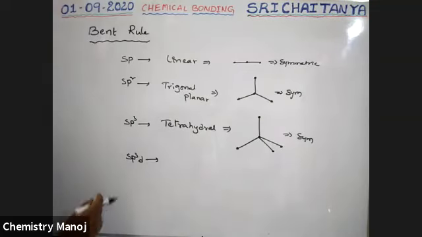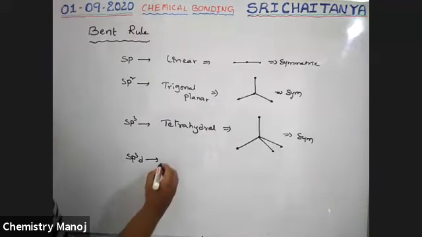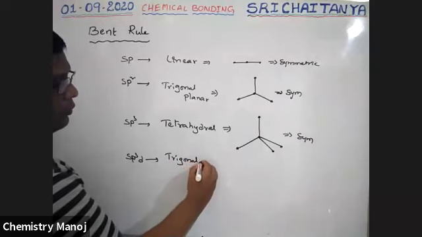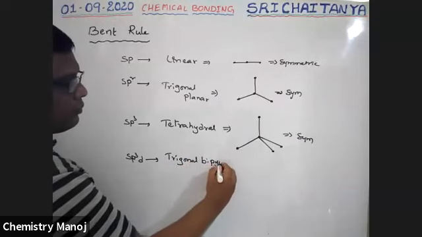See here, what is this sp3d hybridization? This is a trigonal bipyramidal shape.